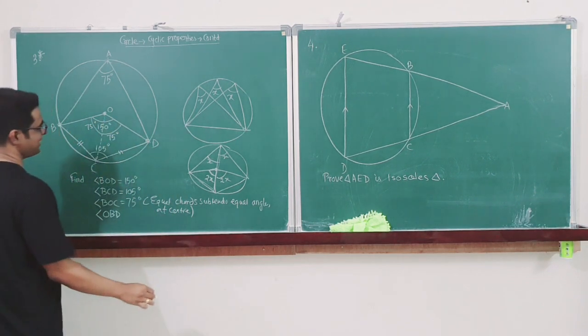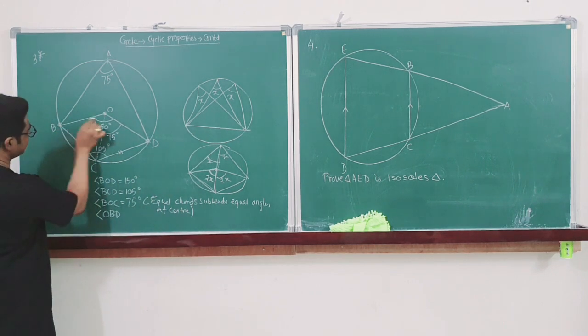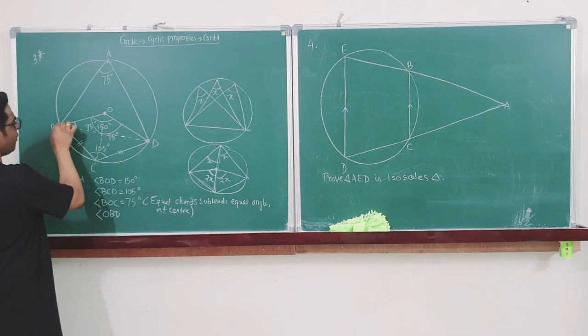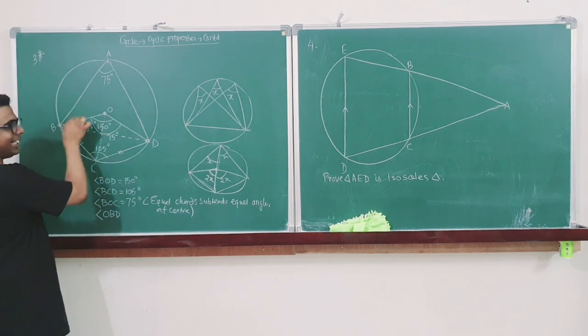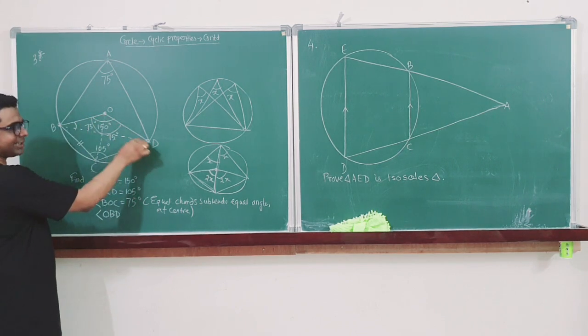Next, angle OBD, means this angle. See, OB and OD is same radius. This is 150 degree. So this is an isosceles triangle.